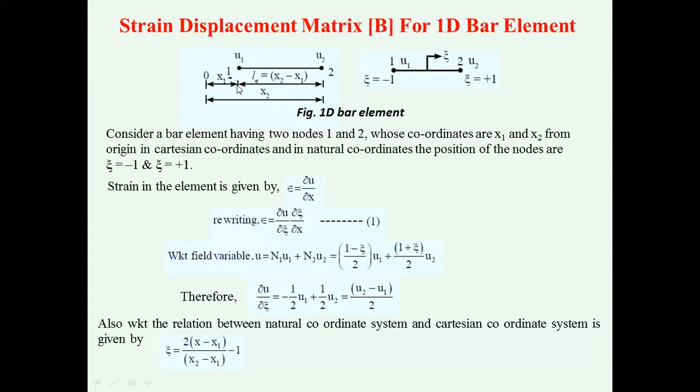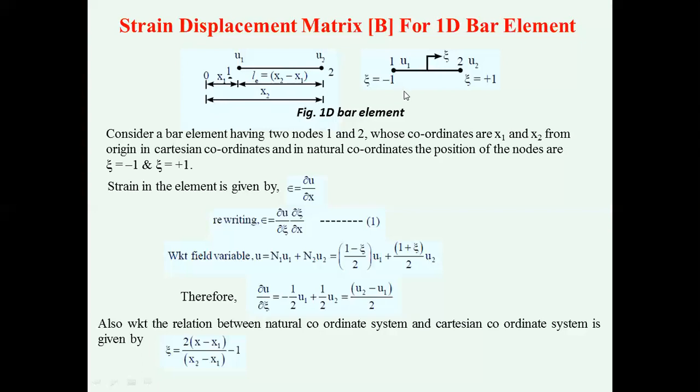Let us consider node 1, which is located at a distance of x1 from the origin. Node 2 is located at a distance of x2 from the origin. The length of the element is given as x2 minus x1, the difference between the two coordinates. So this element is represented in Cartesian coordinate system.